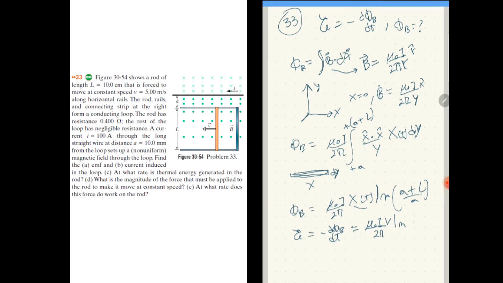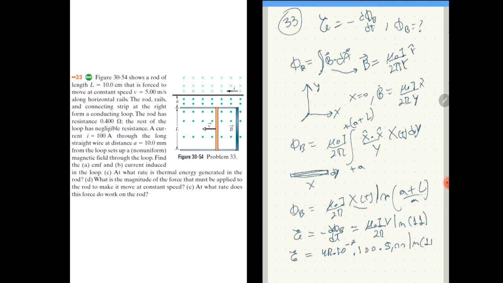A is, if I'm not wrong, 10 millimeters, and L is 10 centimeters. So I think we get 11 here, and we can substitute all of the other numbers. So 4 pi 10 to the negative 7, and I will not risk putting units in here. The velocity is 5.